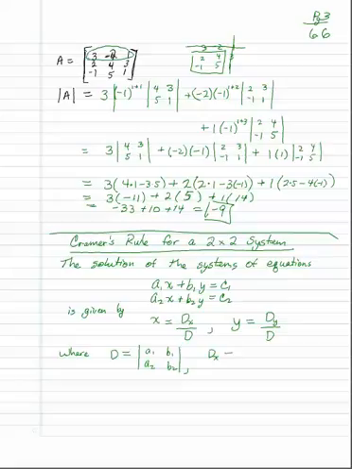D sub x is the same as the coefficient matrix, but you're going to replace the x column with the constants. You're going to put the constants in place of the x column. So the x column is the first column, and I'm going to put the constants in place of the coefficients of x. And the y column we're going to leave alone.